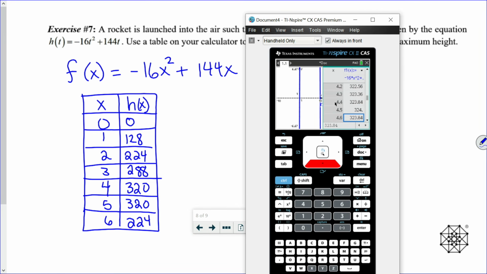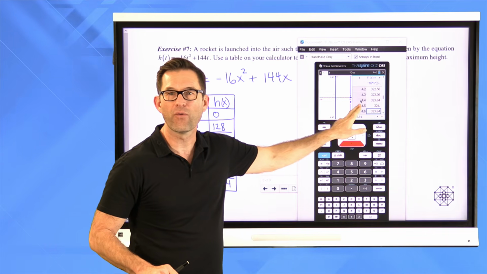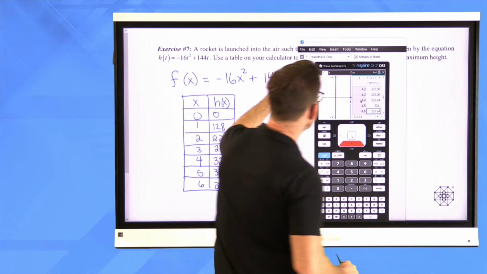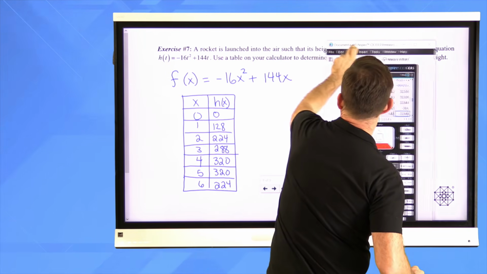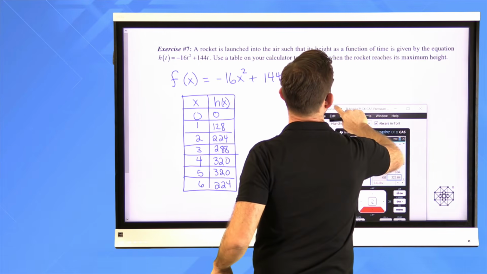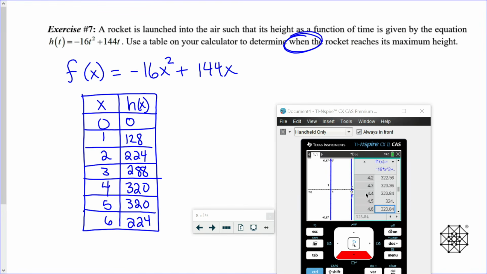And right there at 4.5 seconds, we hit our peak height, a peak height of 324 feet.